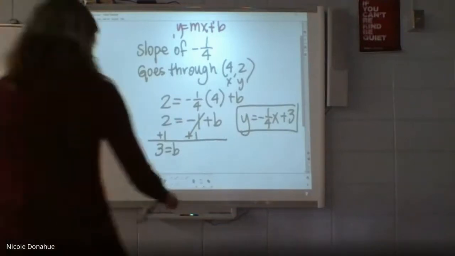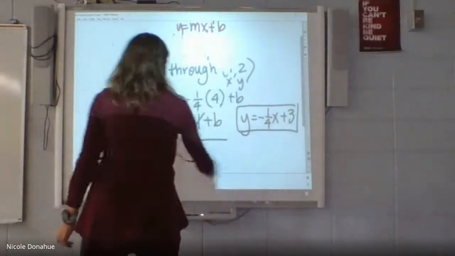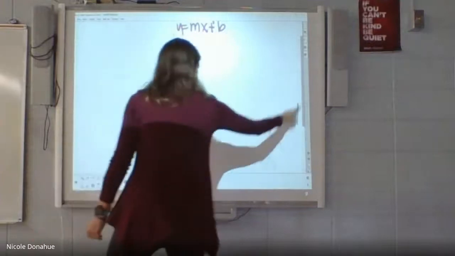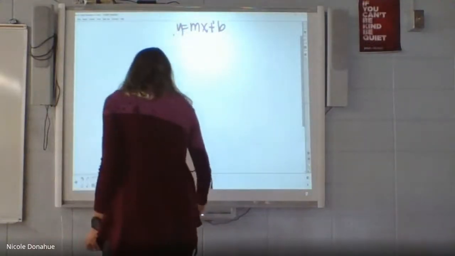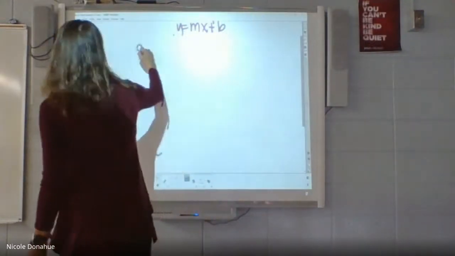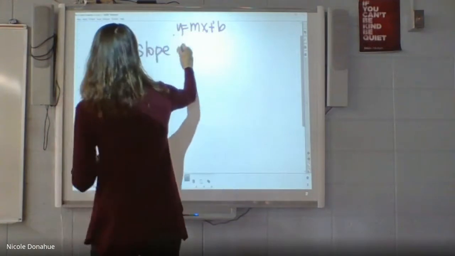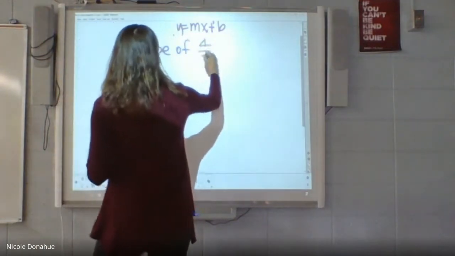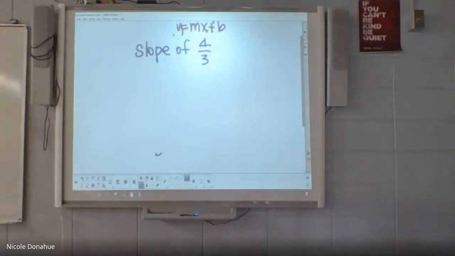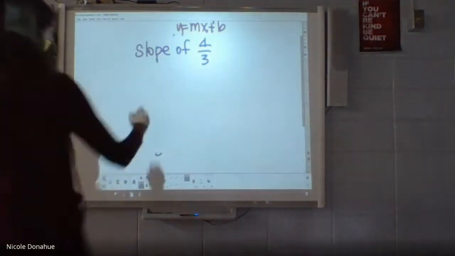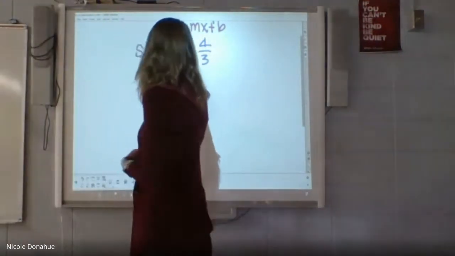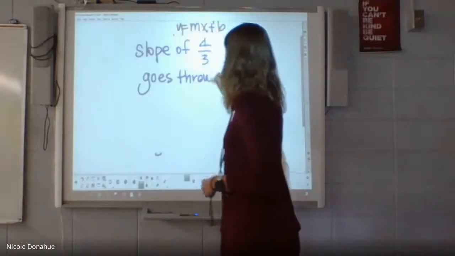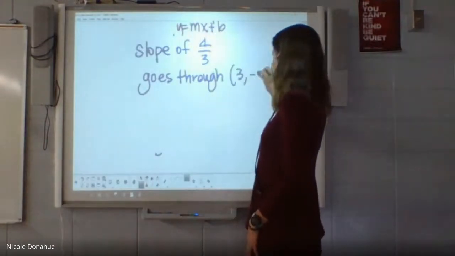Okay, fancier slope. Slope of 4/3, but it goes through (3, -1).